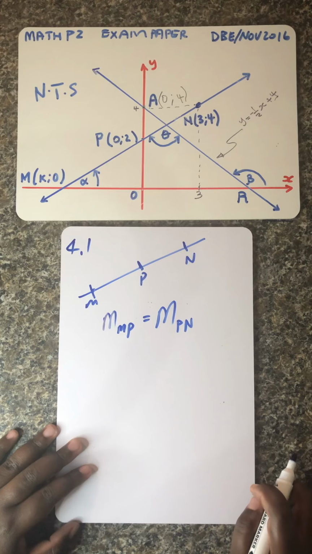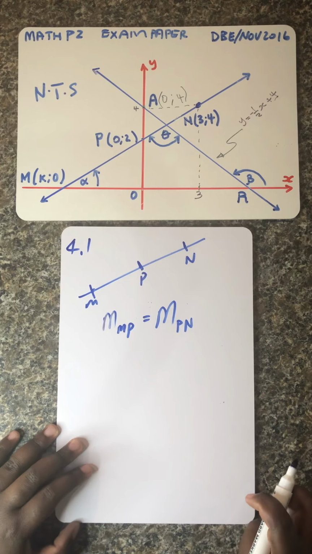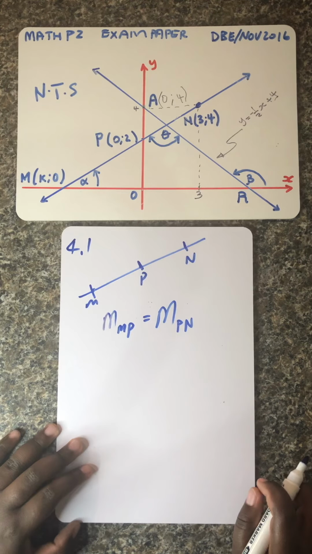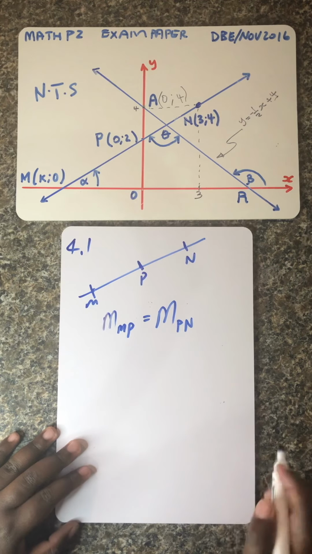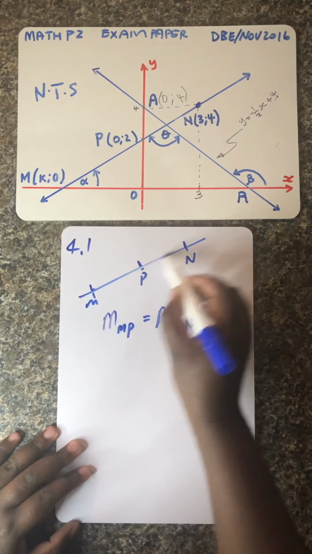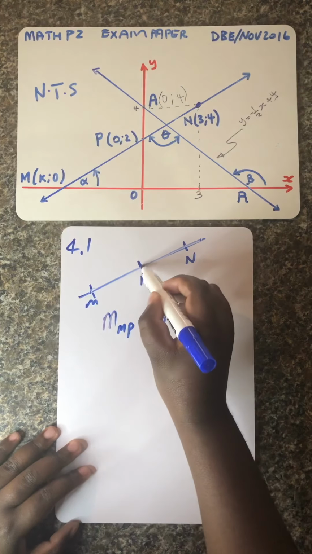Even if you didn't like the video but you do agree, or you are not sure, I assume you believe that I might be right in making that statement, because these are collinear points, they fall along the same line.